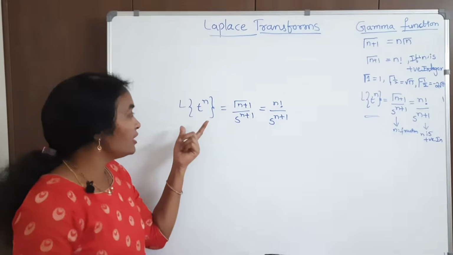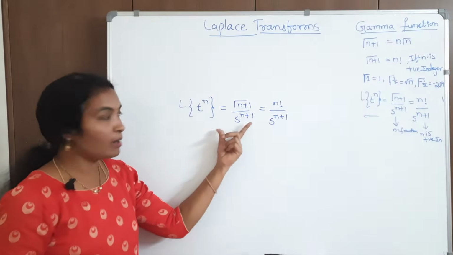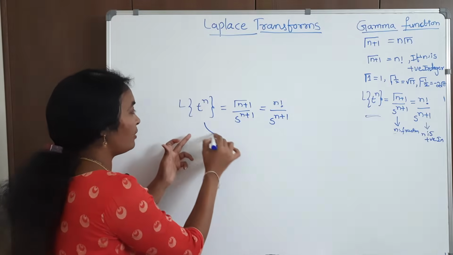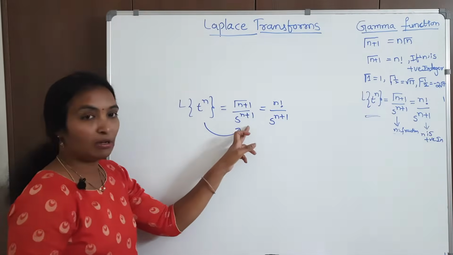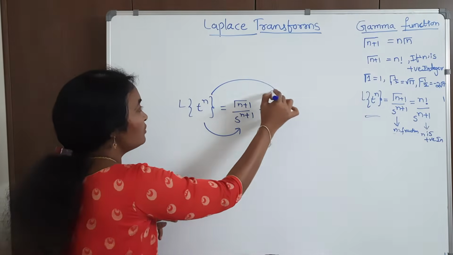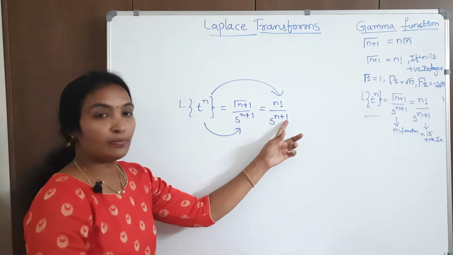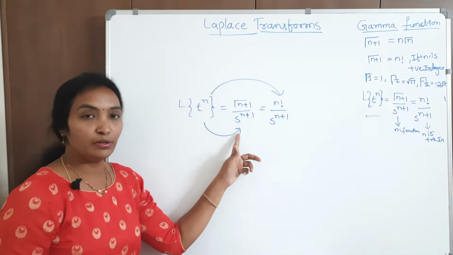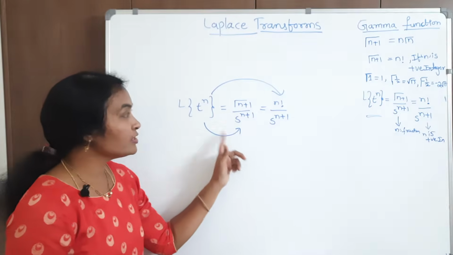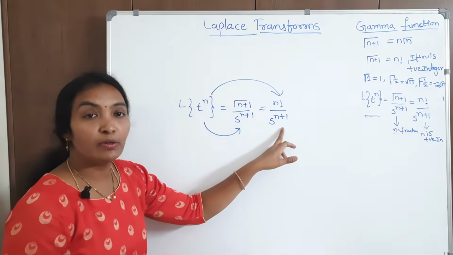One doubt: t to the power of n, this is one formula and this is also one formula. In which case are we going to use which formula? That may be your doubt. I will explain a problem for this case and one more problem for the other case. First of all, when do we use n factorial by s power n plus 1?